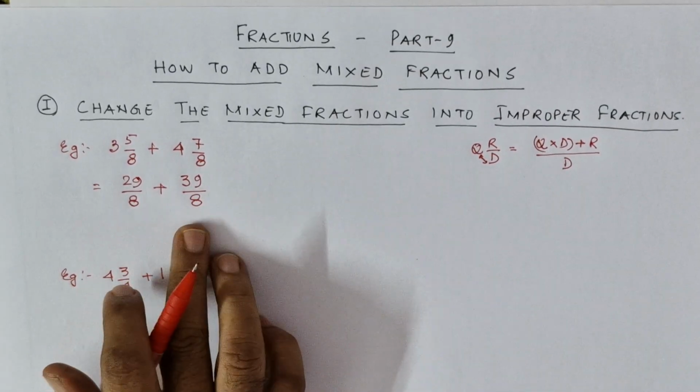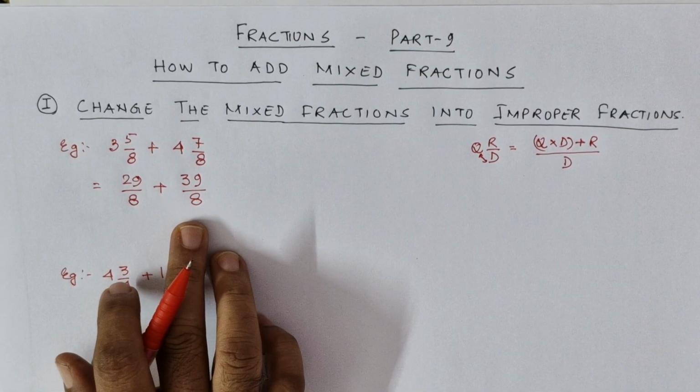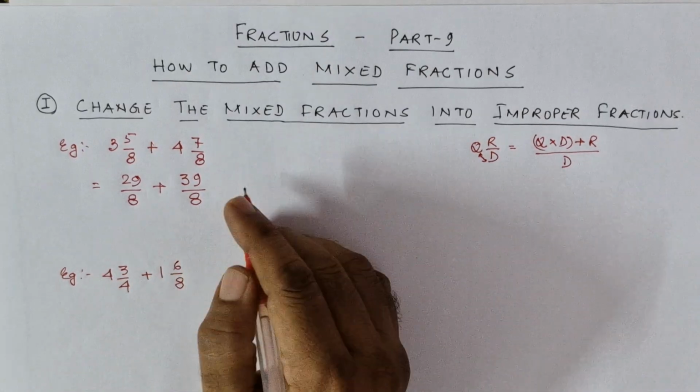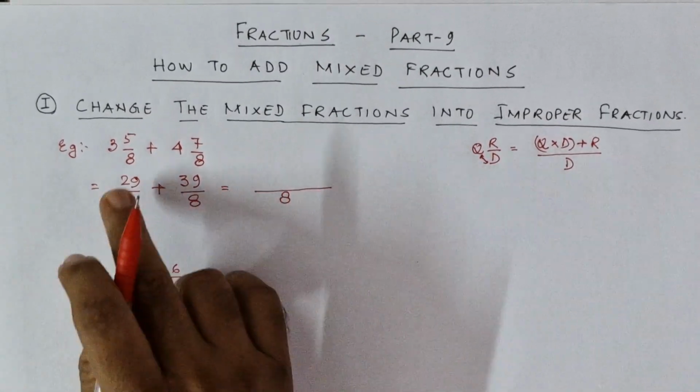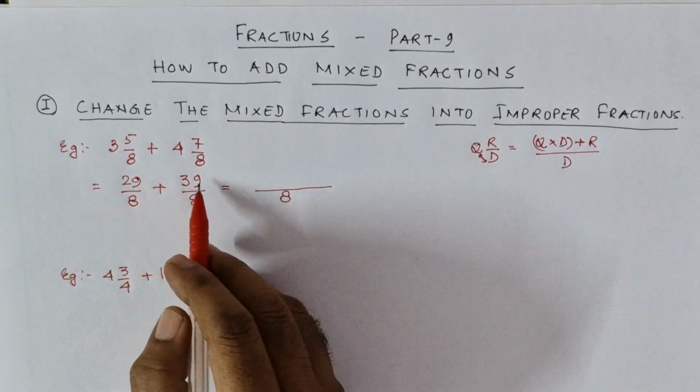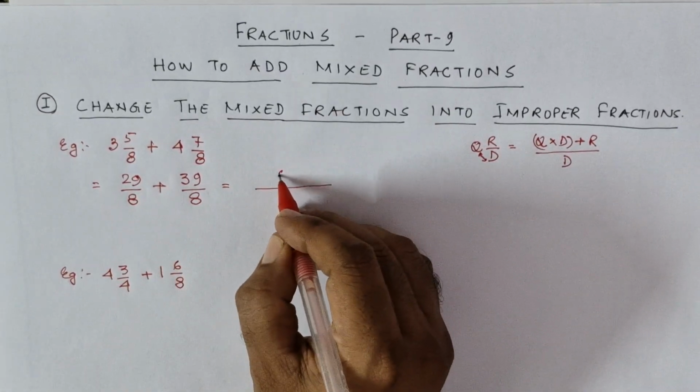Now you know how to add like fractions, or like denominators. The denominators remain the same, and we'll just add the numerators. Adding the numerators, it becomes 68.